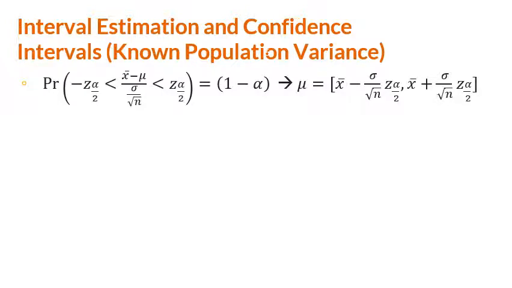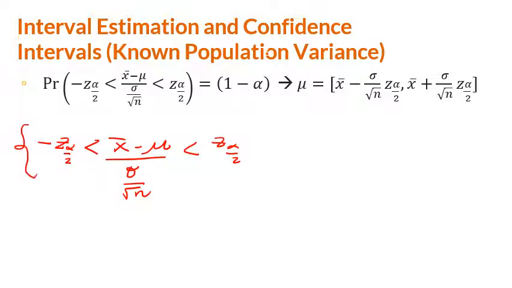So we now derive our interval estimate with 1 minus alpha probability. So we use standard algebra. So you have now this negative z alpha 2 less than x bar minus mu over sigma over square root of n less than z alpha 2. So multiply everything by sigma over square root of n.